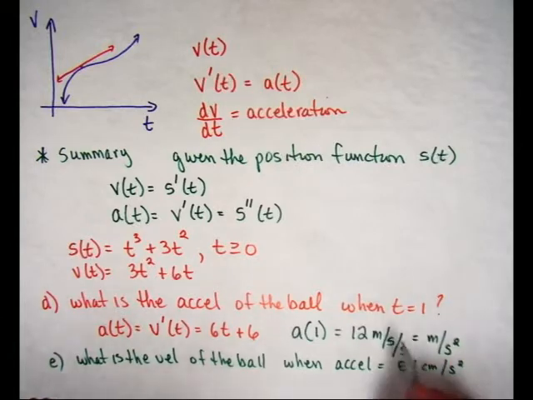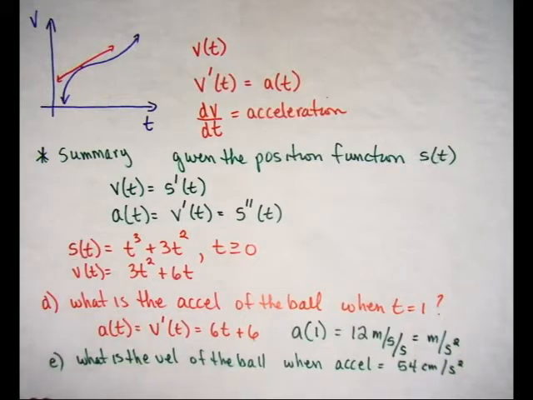I've got centimeters here and meters here. I forget now in the question what our units were for that, but anyway, it's whatever the distance units were, meters or centimeters. So what is the velocity of the ball when the acceleration is 54 centimeters per second squared?